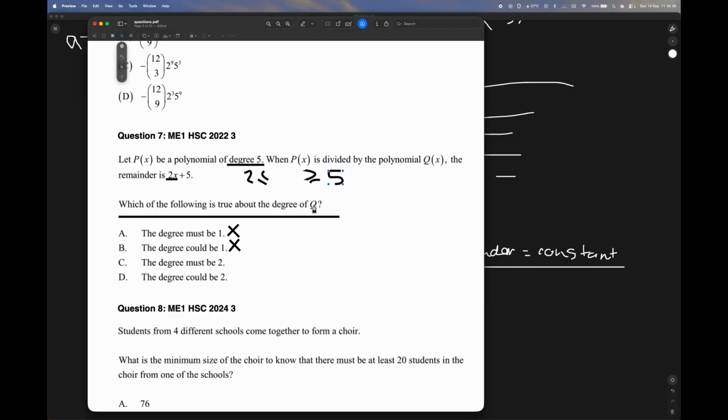So it's not saying that it must be 2. It doesn't have to be 2. But it could be 2. That's probably not my best explanation, but that's what we're going off for now.